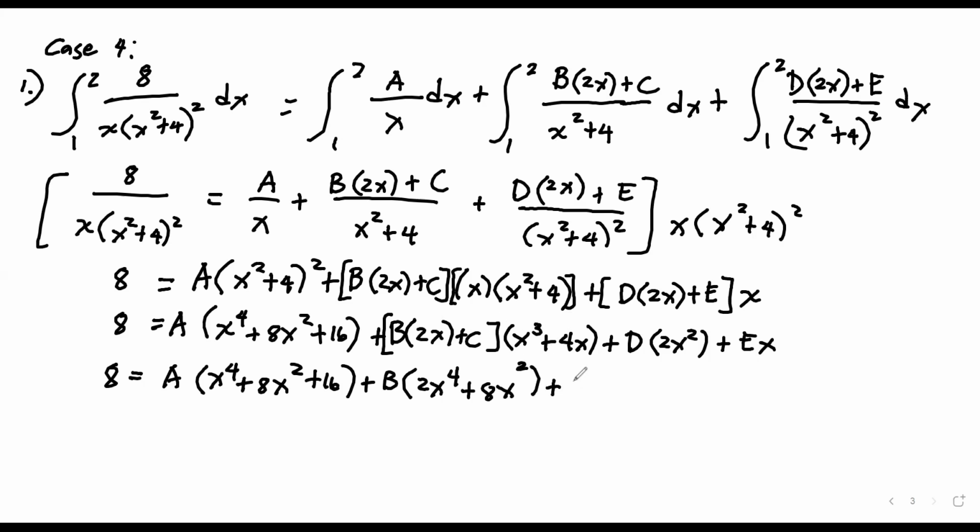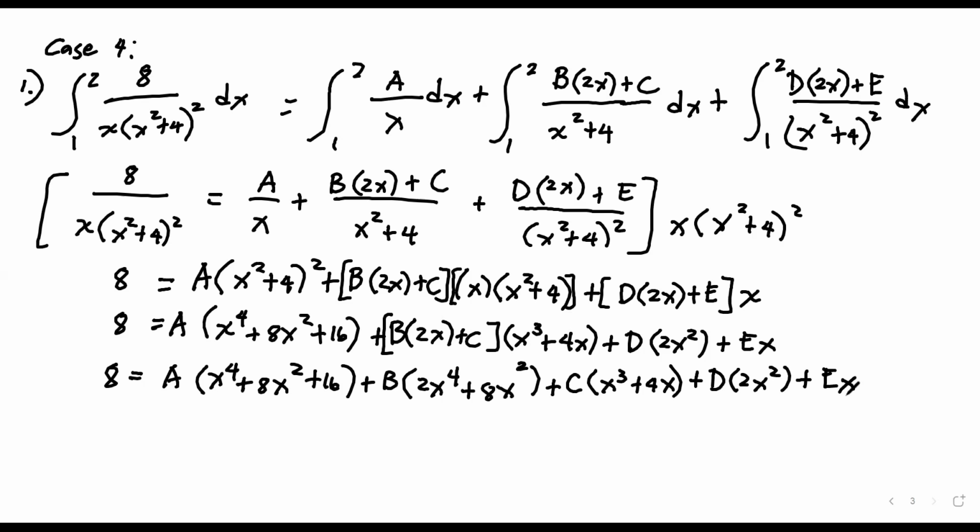Plus c times x cubed, that's c x cubed. c times 4x, that's c 4x. Plus d times 2x squared plus dx.